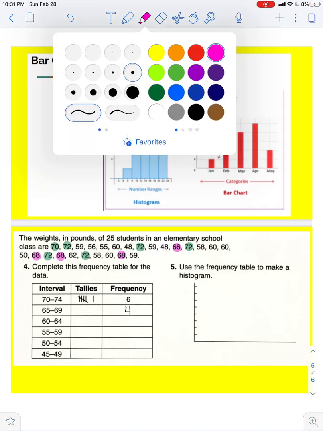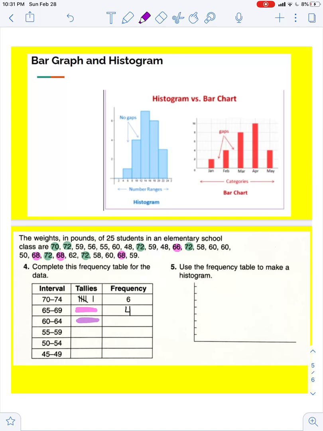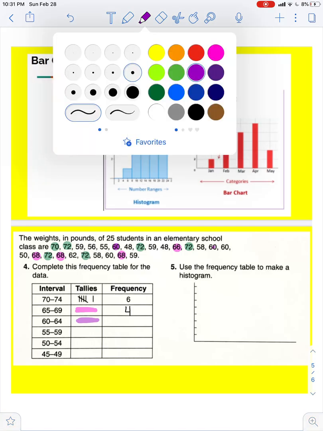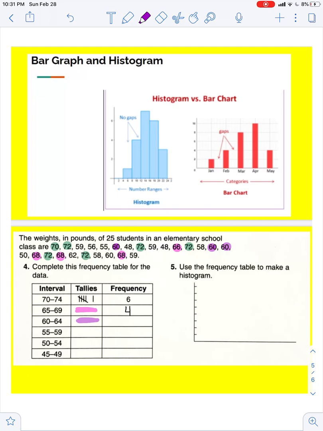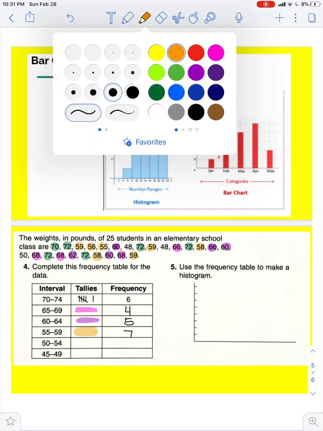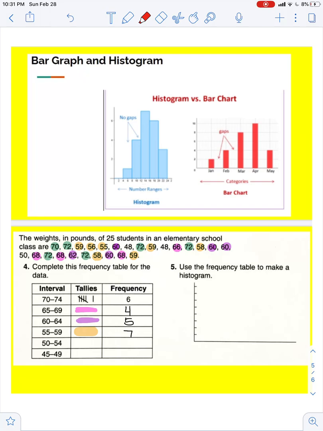Now 60 through 64, I'll do this in purple, to show that we did the last one in pink. 60 through 64 is going to be 1, 2, 3, 4, 5. 55 through 59, 1, 2, 3, 4, 5, 6, 7. 50 through 54 would be 1. 45 through 49 would be 1, 2.